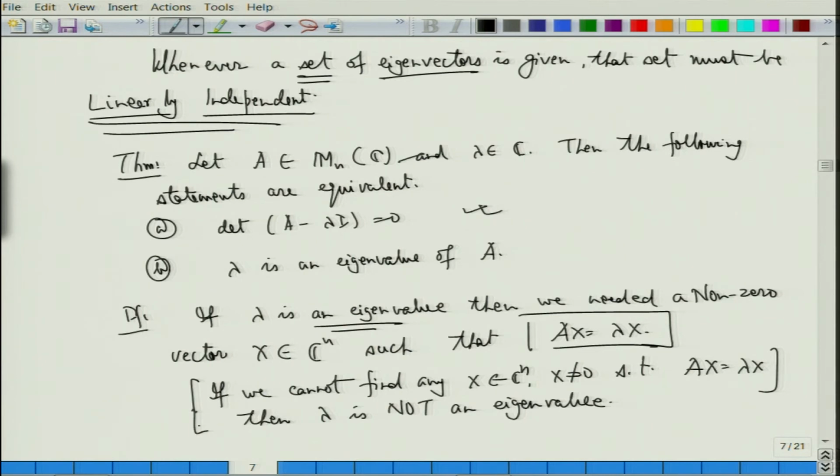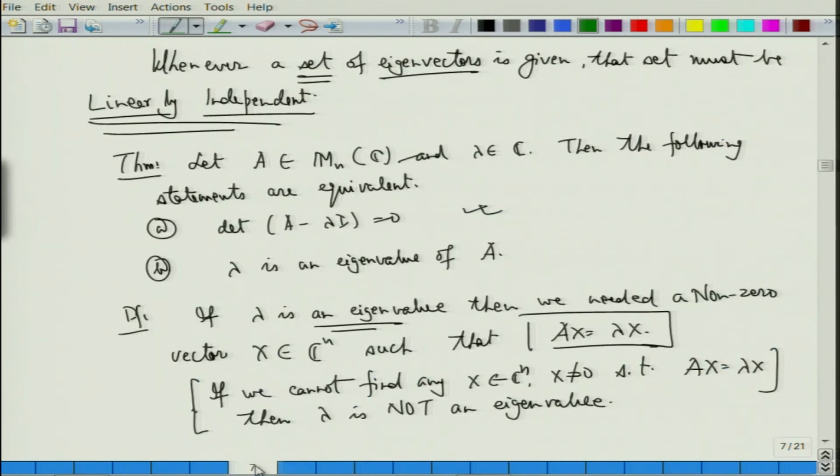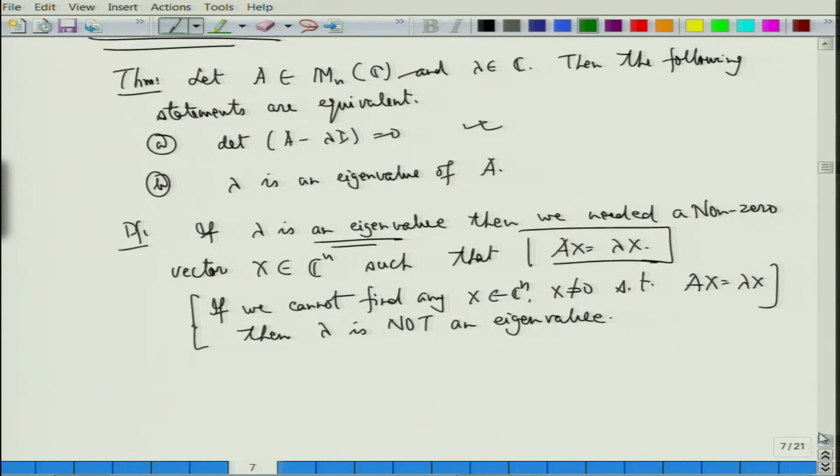Look at the definition: a scalar lambda belonging to C and a non-zero x such that this happens are said to form an eigenpair, and from that eigenpair you get the eigenvalue and corresponding eigenvectors. If you cannot get a non-zero x satisfying Ax equal to lambda x, then you don't have an eigenpair. That is very, very important.